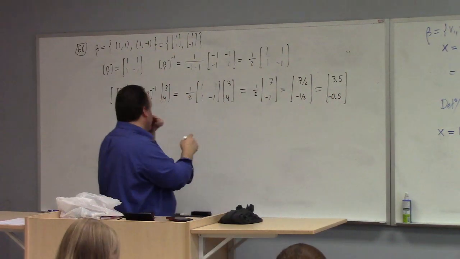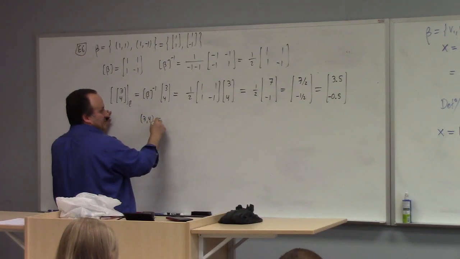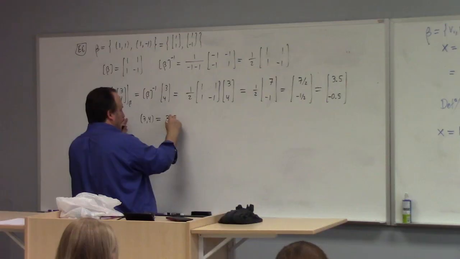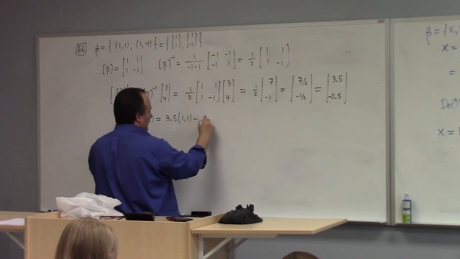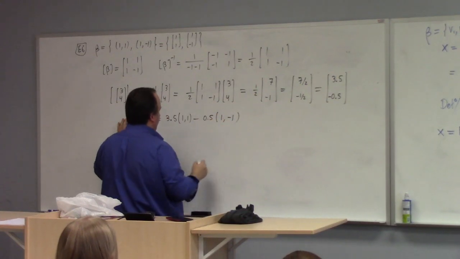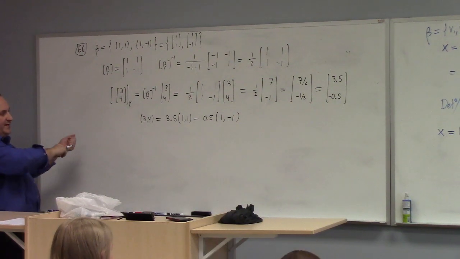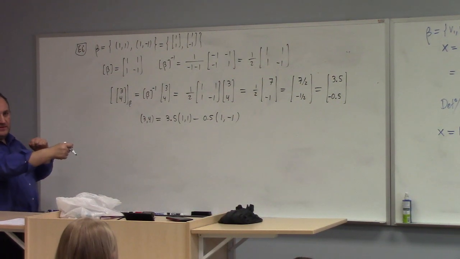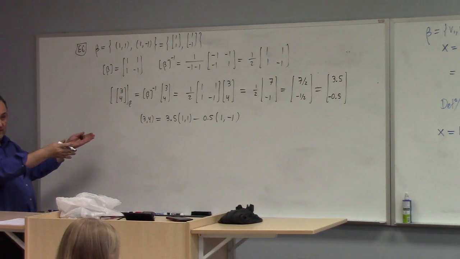So what this says is that 3, 4 is equal to 3.5 times 1, 1 minus 0.5 times 1 minus 1. Is that true? We get 3.5 minus 0.5 is 3. 3.5 plus 0.5, it works, right?